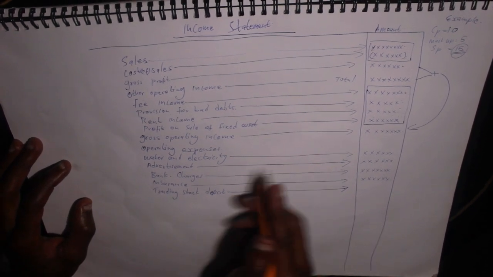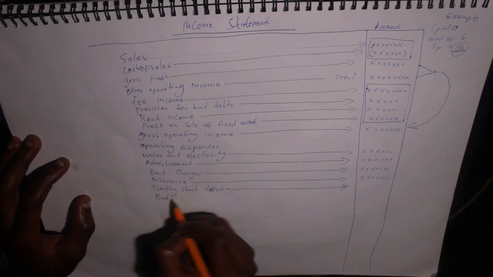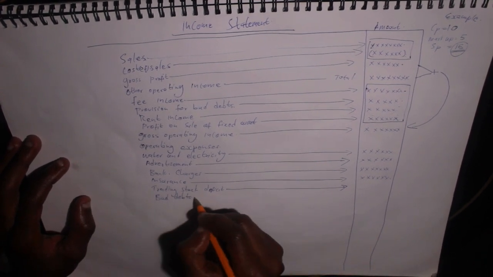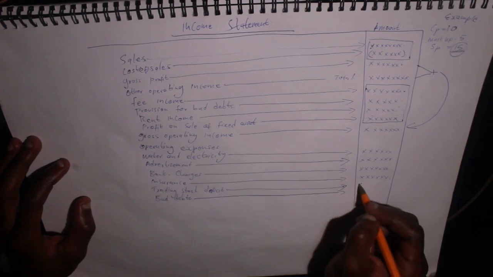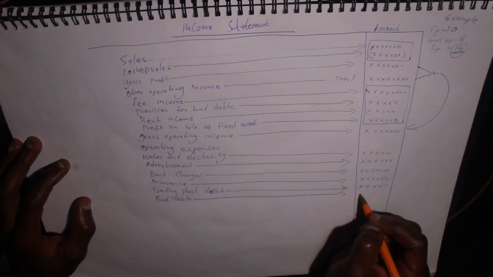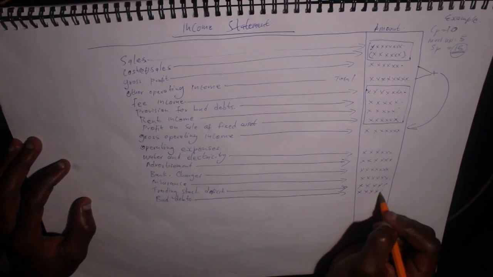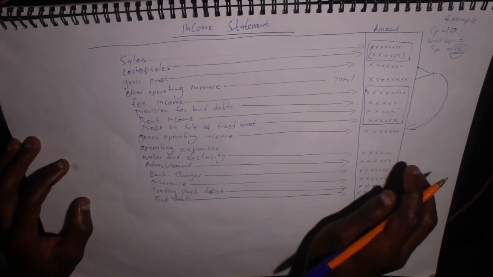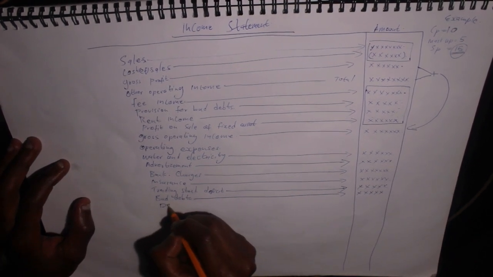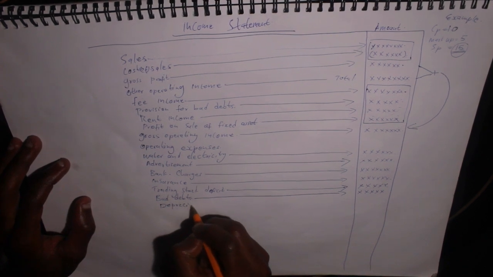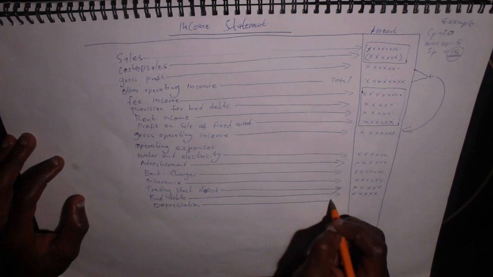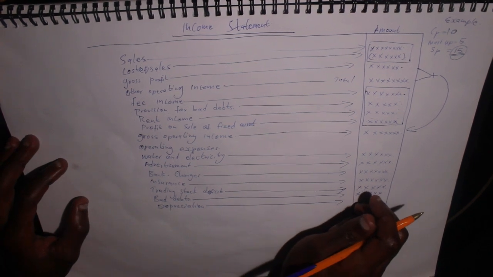We also have what you call bad debts, as an example of your expense. Always make sure that the amount you put there is correct. We also have what you call depreciation. Depreciation is also one of the examples we have for the expenses.